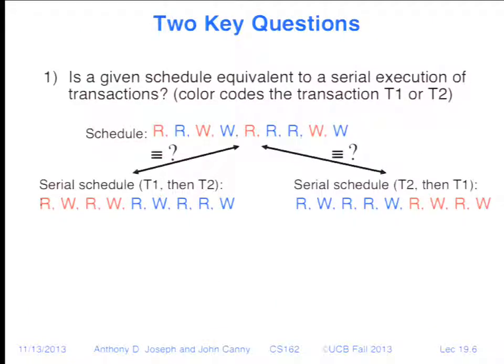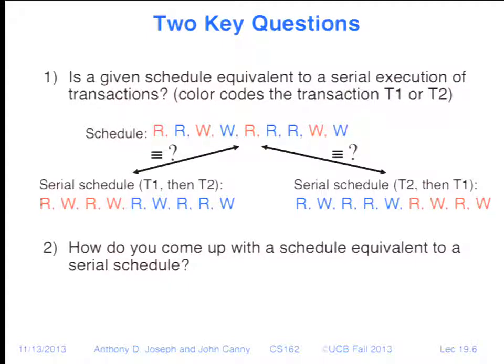But a more general schedule might be more efficient because you're able to hide some of the reads. If one transaction is waiting on a read, the other one might initiate another read, and they can generally complete faster if they're interleaved. But you want to make sure that this interleaved schedule is somehow equivalent to one of the idealized serial schedules on the previous page.